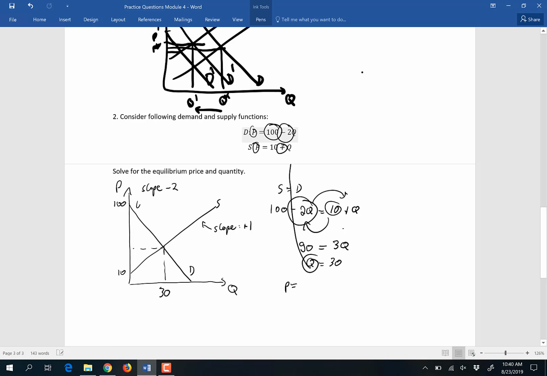We have price equal to 10 plus 30, which is 40. You can also plug into the demand function, price equal to 100 minus 2 times 30, which is also 40. So price is 40. And that solves question 2.